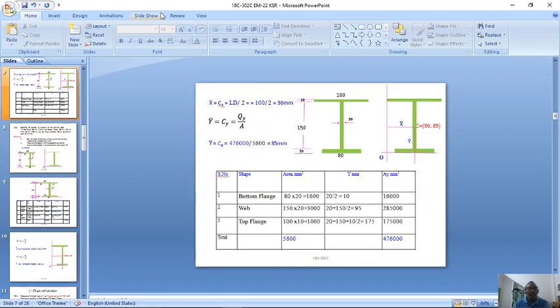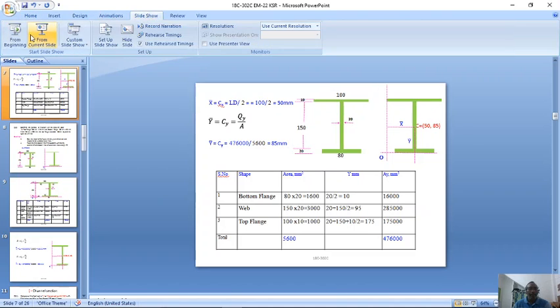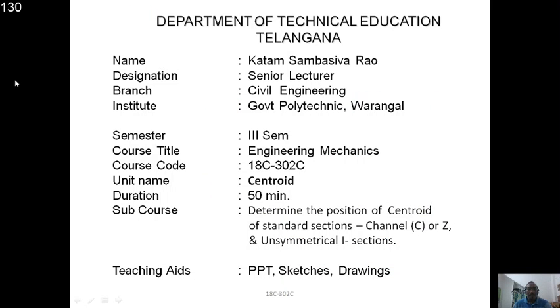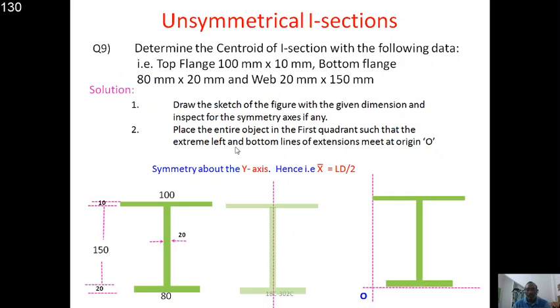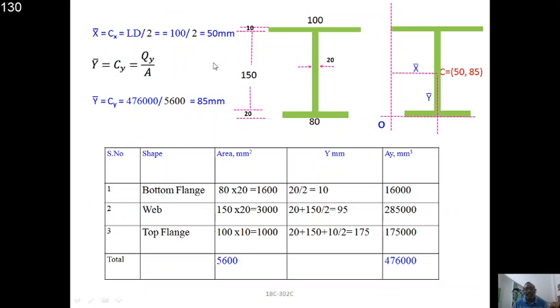So the procedure to solve: using the analytical method, just simply use the first moment area method.